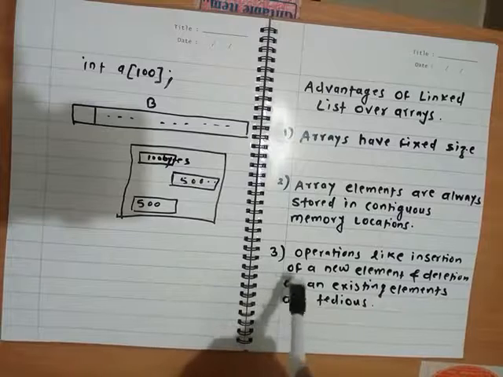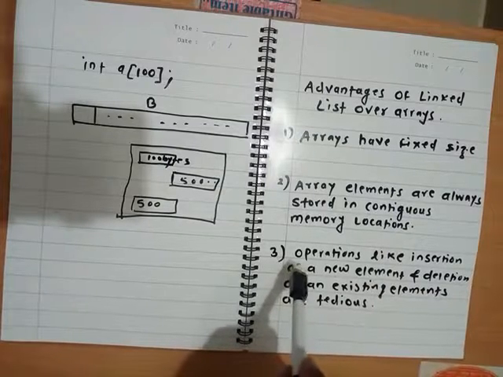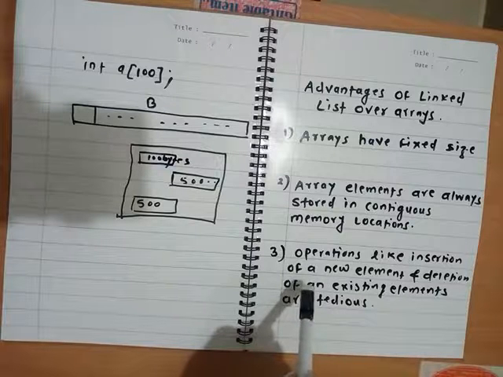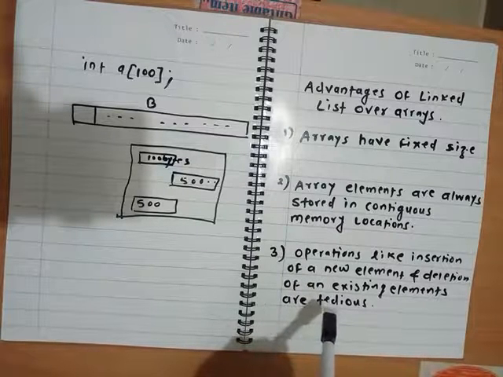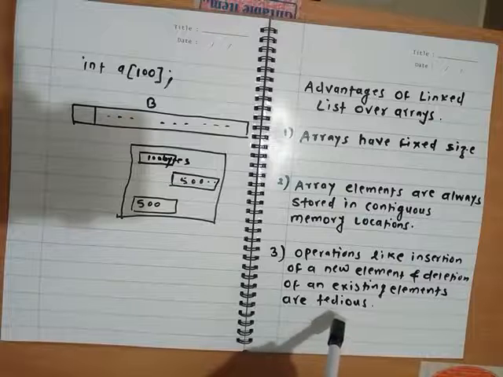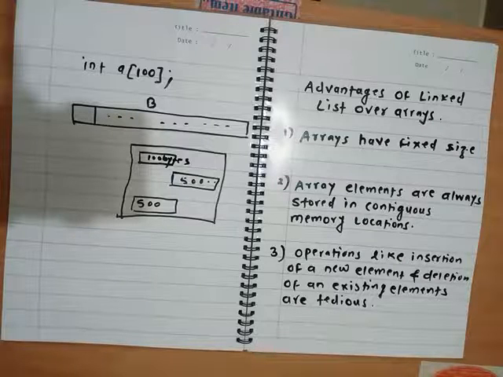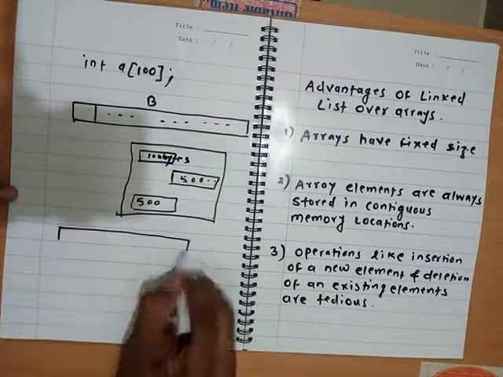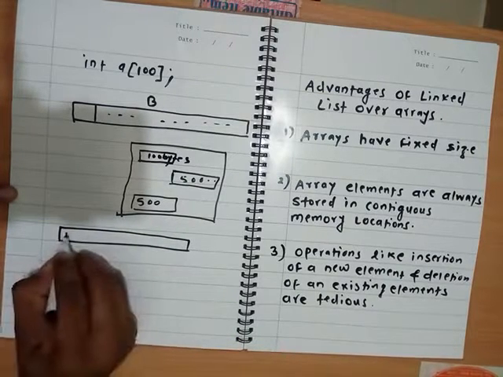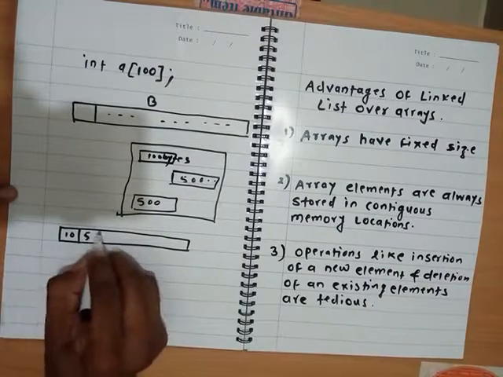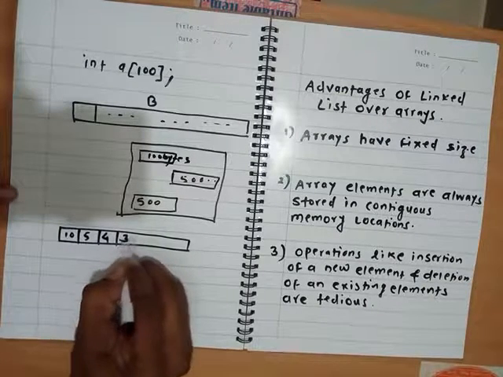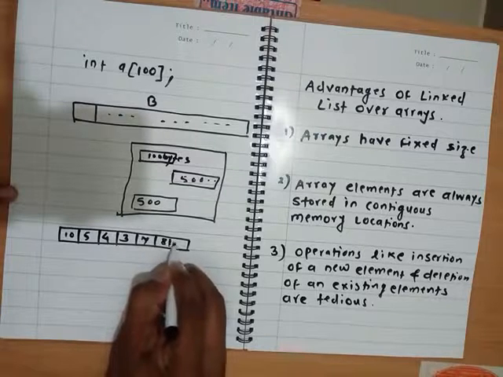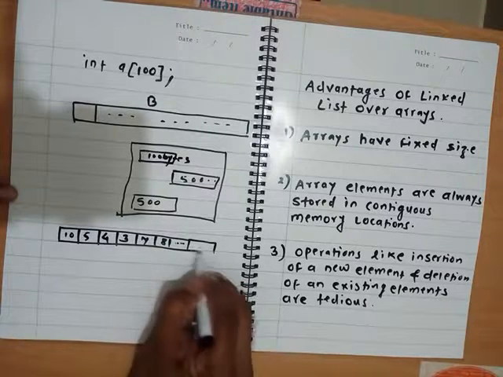Now the third advantage of linked list over array is that operations like insertion of a new element and deletion of an existing element from the array are tedious. What I mean by this is, let's say this is my array of integers: 10, 5, 4, 3, 7, 8, and a few empty locations.